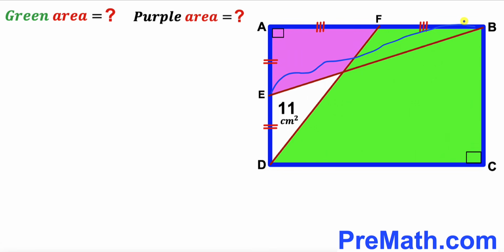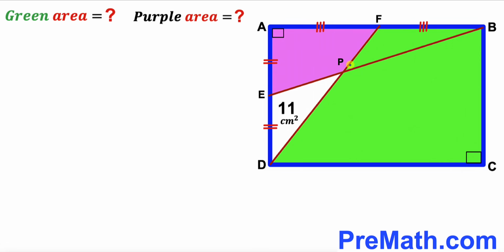In this video, we have this blue rectangle ABCD along with these segments EB and DF, as you can see in the given diagram, such that the points E and F are midpoints. In other words, segment AE length equals segment DE length, and likewise segment AF length is equal to segment BF length.